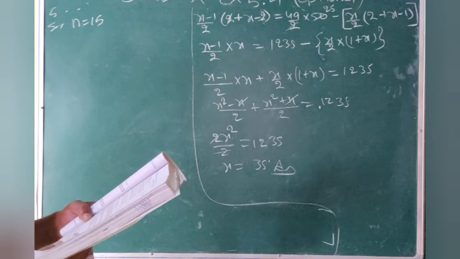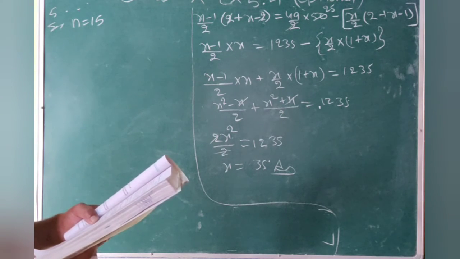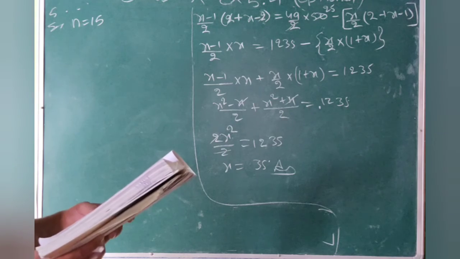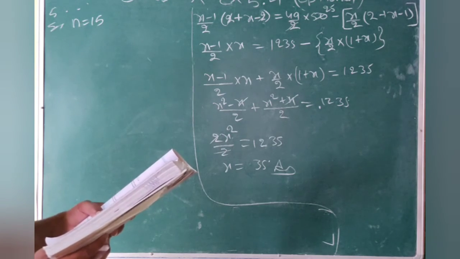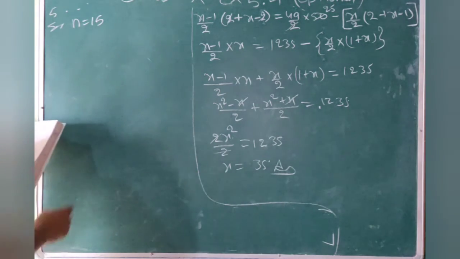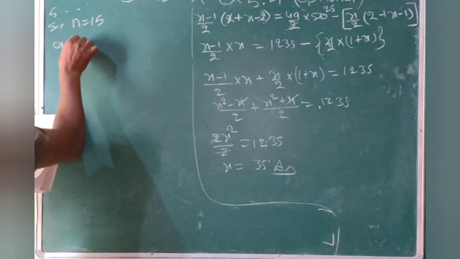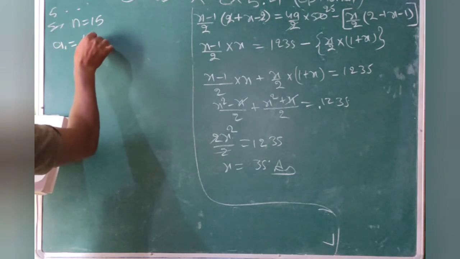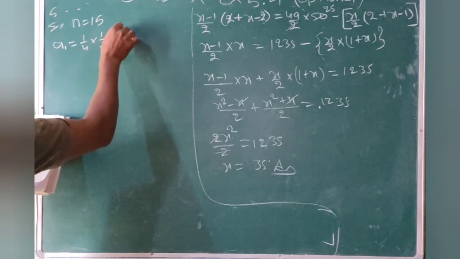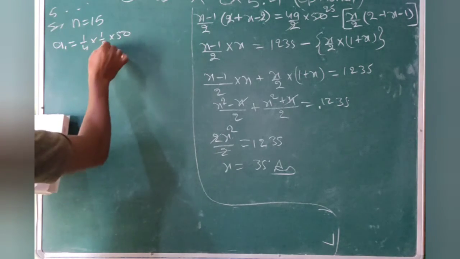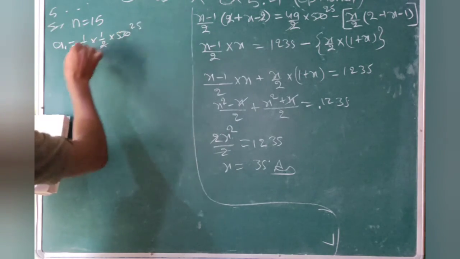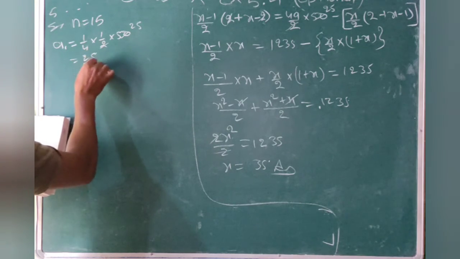Calculate the total volume of concrete required to build the track. So that one, A1 will be 1/4 into 1/2 into 50, because the length is 50 meter, so that will be 25/4.